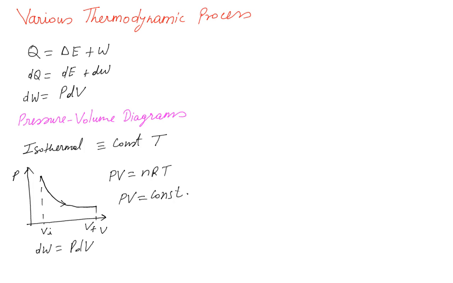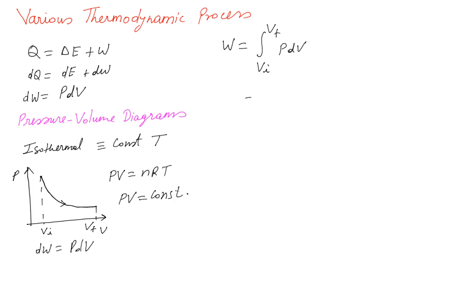When you're expanding, the system is doing work. When you're compressing, work is being done on the system. So you go from a lower volume to a higher volume, and you can calculate this by simply integrating PdV from Vi to Vf.